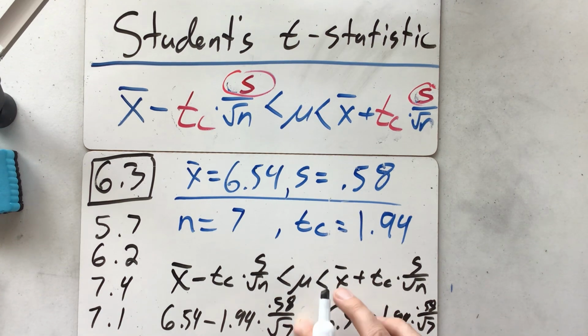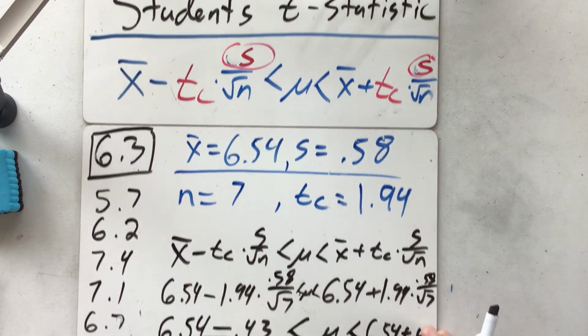I missed the middle part here, didn't I? There we go. So less than mu is less than 6.54 plus 0.43. And now I just have to do those two additions. 6.54 minus 0.43 is going to give me 6.11 over here. And then on the other side, I get 6.97. And so here is my confidence interval.